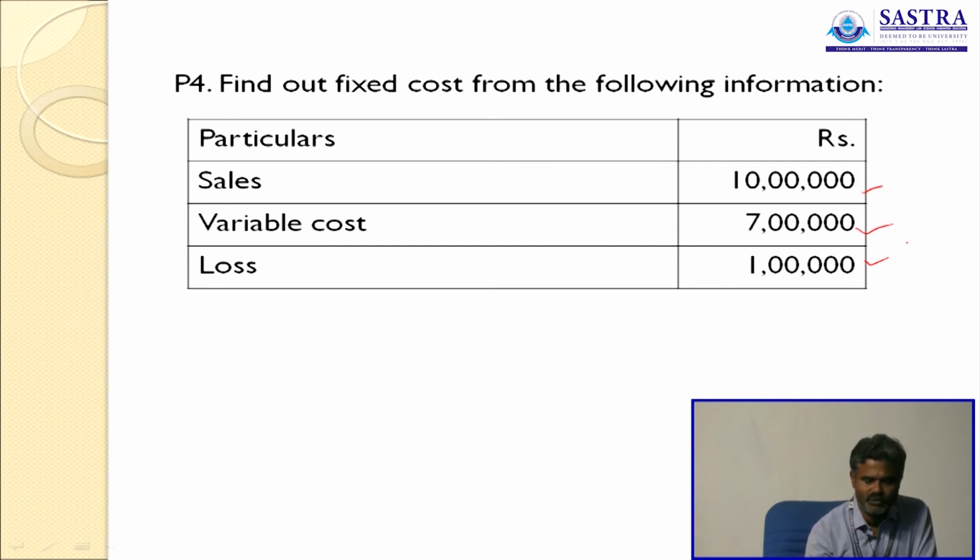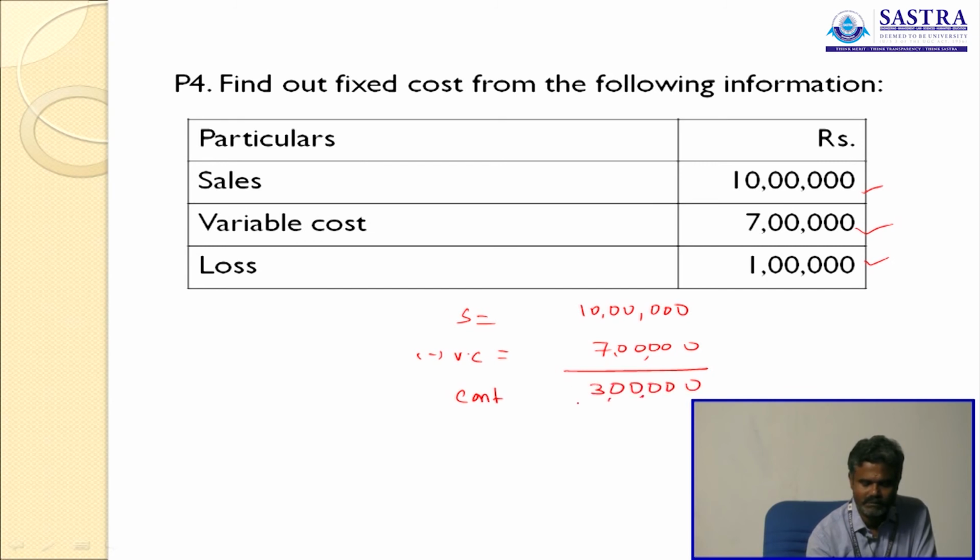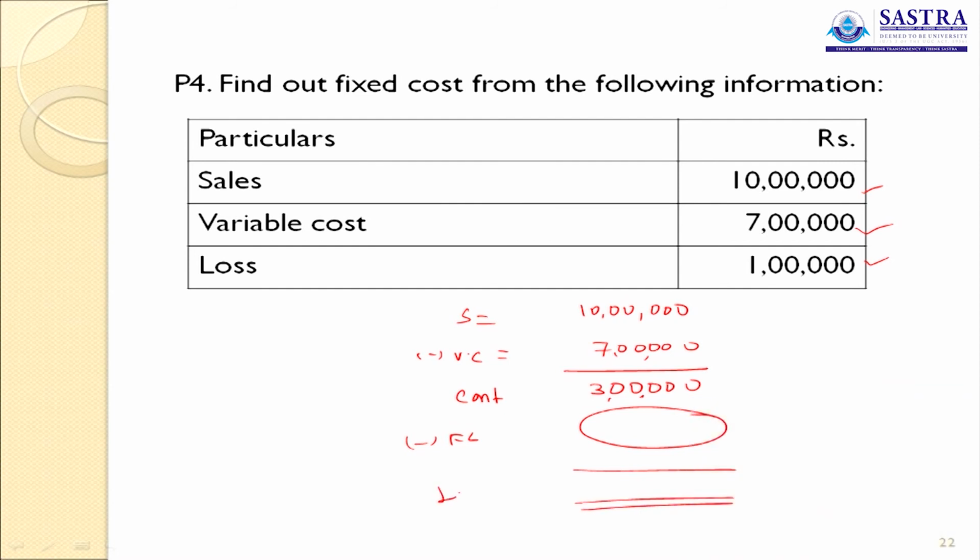So here you prepare one marginal cost statement: sales 10 lakh, less variable cost 7 lakh. So contribution equals 3 lakh, less fixed cost, which is a missing figure, but loss is given. This is a negative figure, 1 lakh.